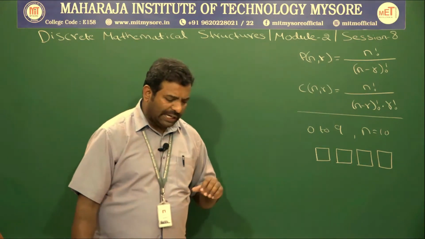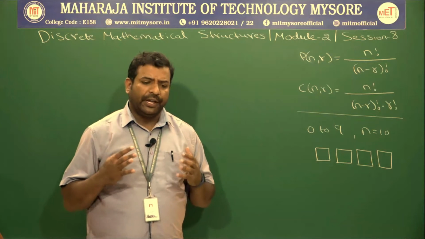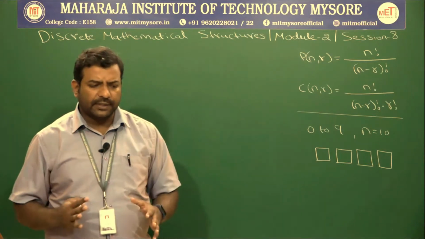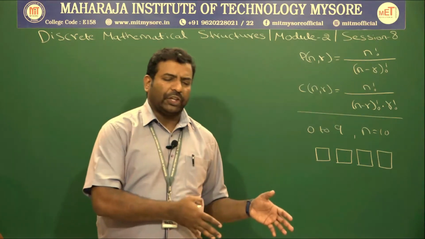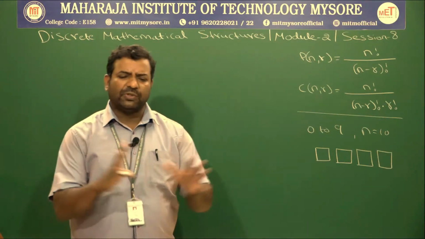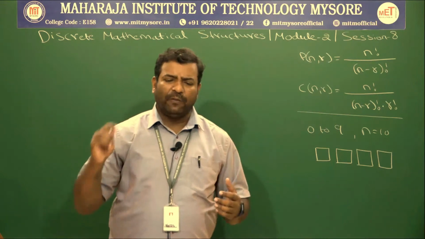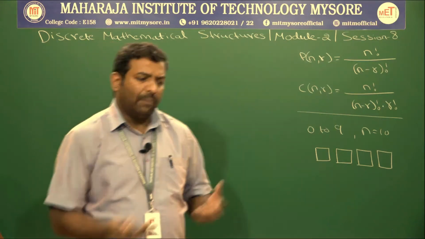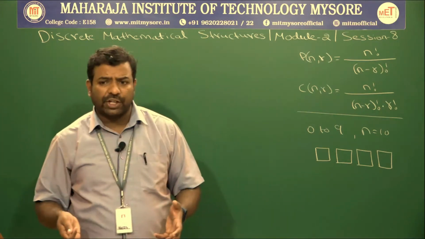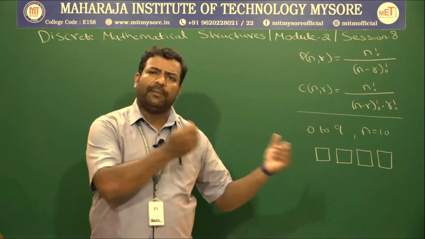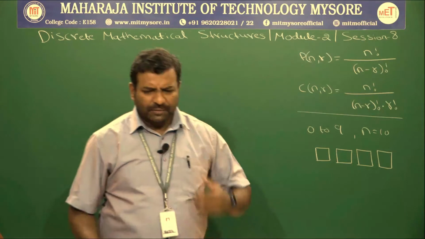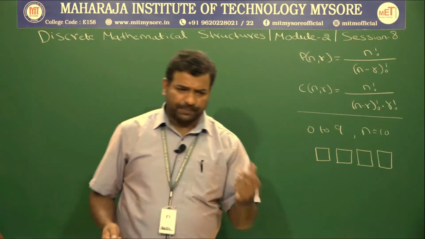So now let me give a hint. If the hint is something like this, it is going to be clear whether I should use permutation or combination. If there is no such hint, I will simply go with permutation, because combination is part of permutation, picking r objects from the available 10 objects. Hence, directly I can go to permutation.